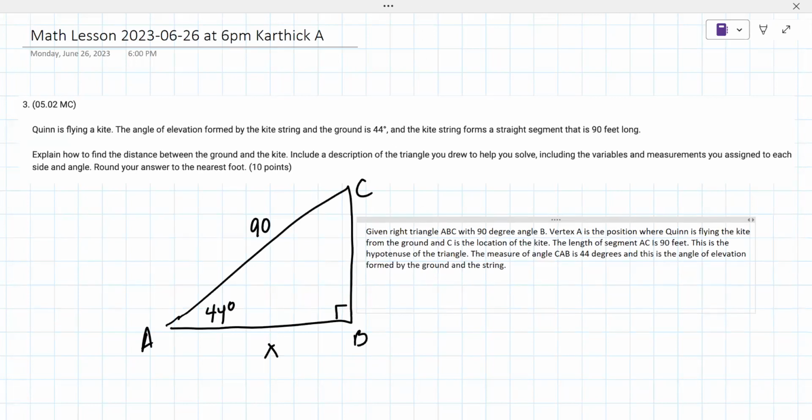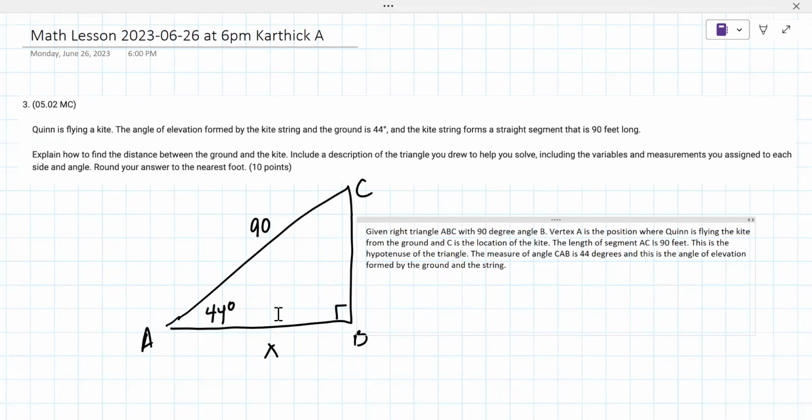Got it down? Okay. So now the next thing is, how are we going to explain how to find X? So I want you to give this a try. This is the part where we're just doing what we've always done, which is sine, cosine, tangent.